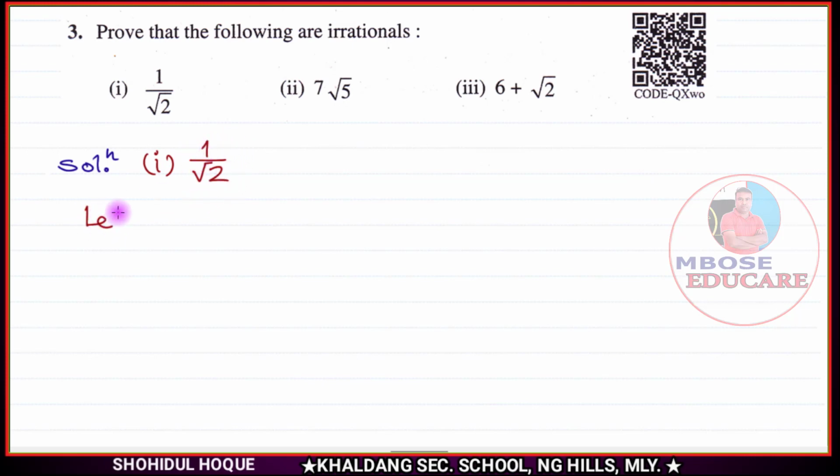So like earlier, we shall assume this is a rational number. Let us assume that 1 by under root 2 is a rational number.